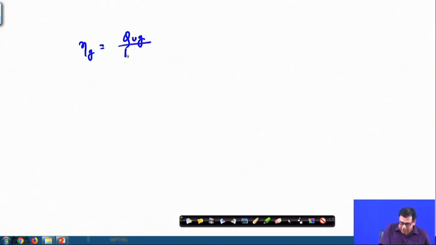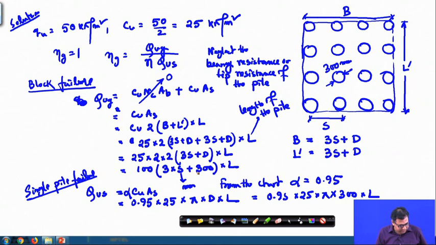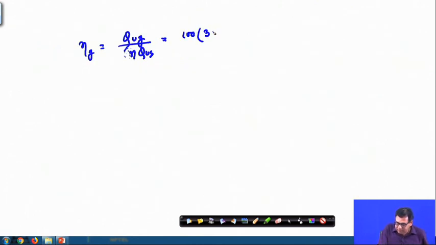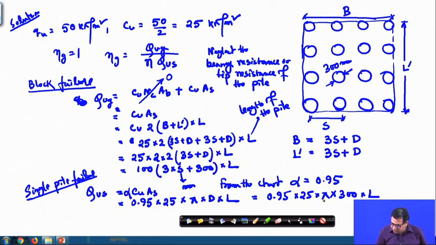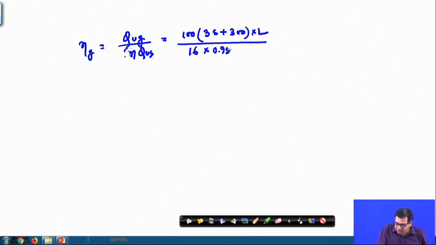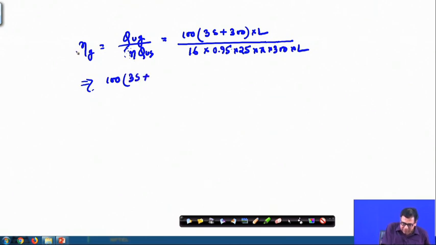So, QU group is N into QU single. The QU group value is 100 into (3S plus 300) into L, divided by N, which is 16, and the single value is 0.95 into 25 into pi into 300 into L. Finally, we set this equal to 1.